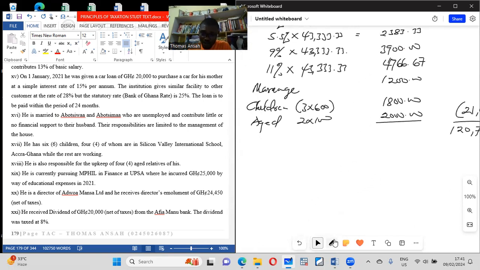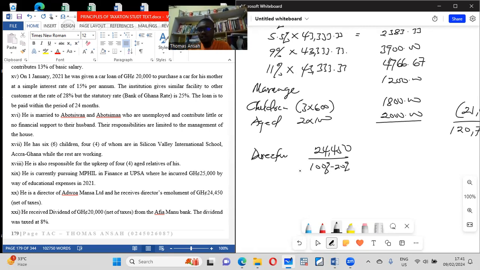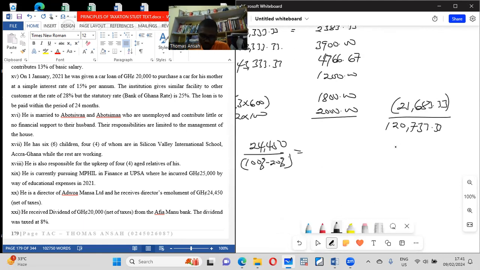And how do we gross these things up? So it will be 2,450, 100% minus 20%. So that is a non-executive director thing. All right, so 2,450 divided by 0.80. The gross amount here is 30,562.5. Then the last one, you receive dividends net of tax.